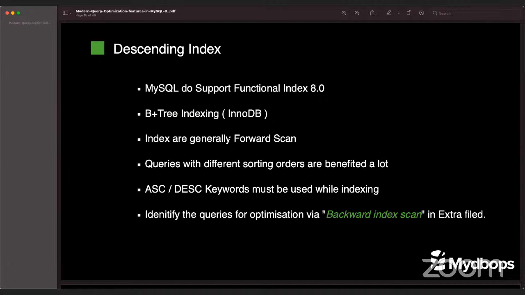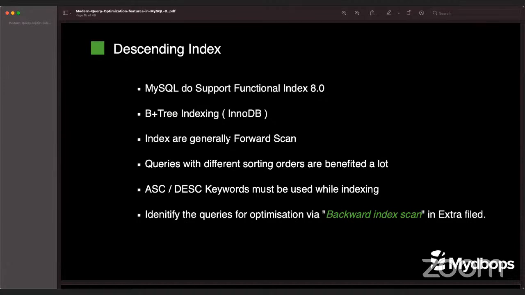But with different sorting orders, it can benefit better. For example, if you have an ORDER BY clause with ascending or descending, then your B-tree makes sense, because by default a B-tree is sorted in ascending order unless you mention otherwise. So with 8.0, you have these keywords ASC or DESC.